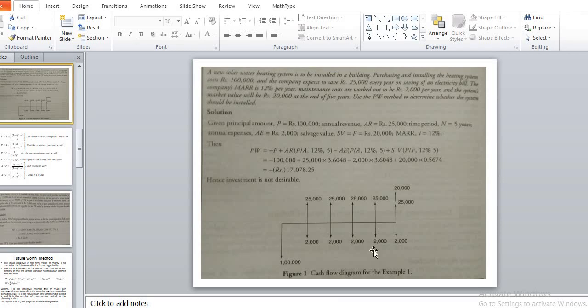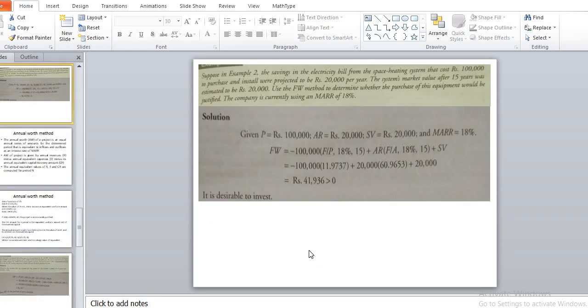Consider a similar cash flow diagram. The investment is considered negative, minus 1 lakh rupees.